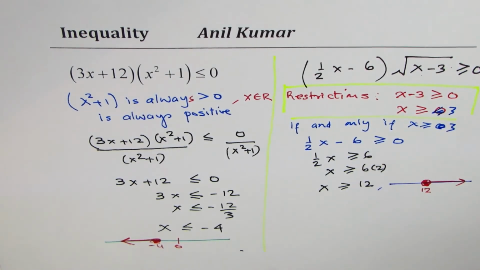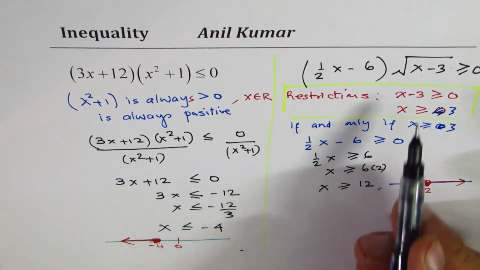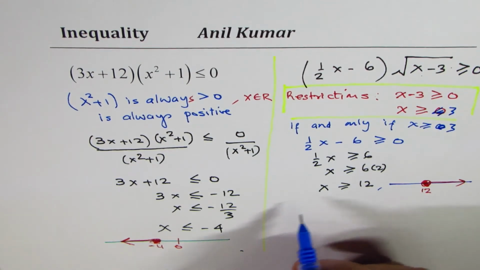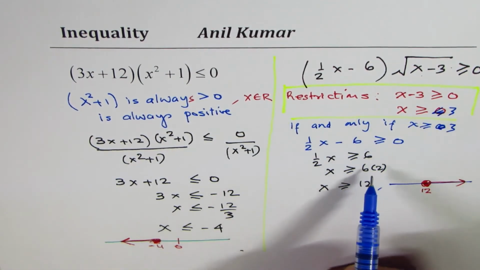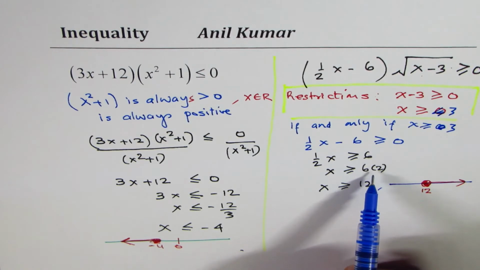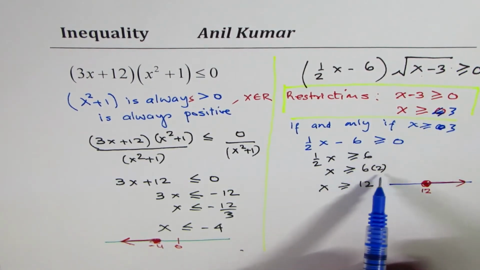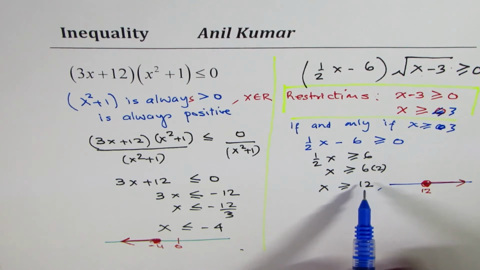Now with this information, I'll change the question a bit. I'm changing the question so that you could get a solution which is not really like 12. You're getting my point, correct?